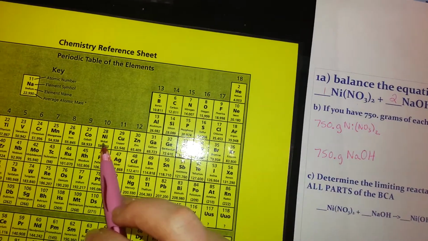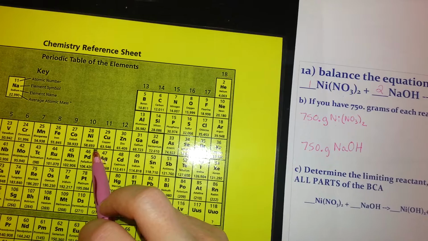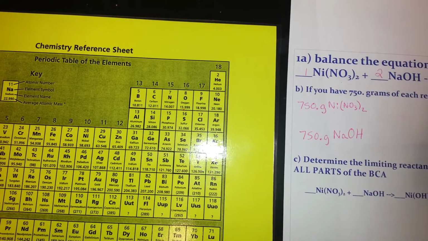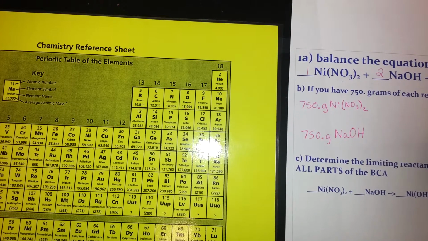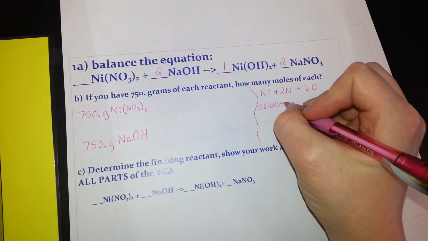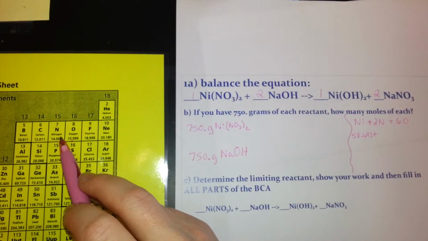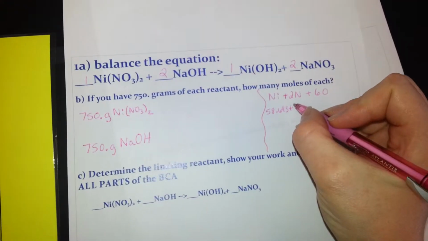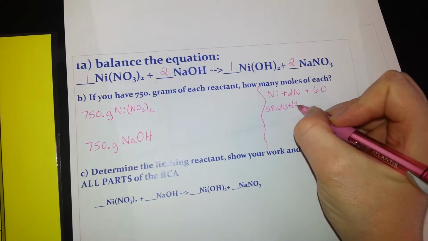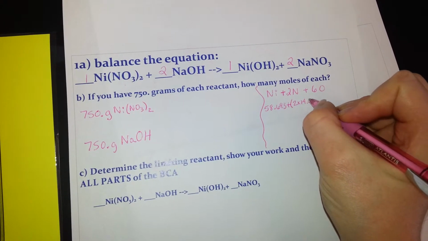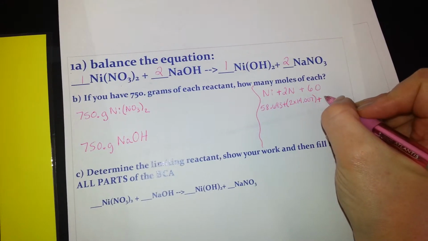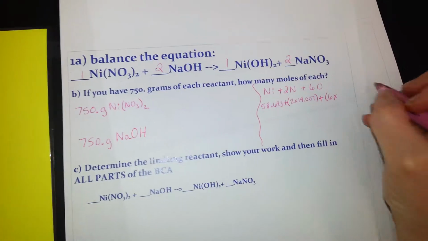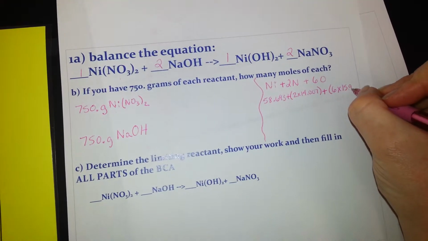So nickel is right here, so the molar mass for that 1 nickel is 58.693. Okay, so then for the nitrogen part, I see that nitrogen is 14.007. Now since there's 2 of them, I'm going to put in parentheses, 2 times 14.007 for the nitrogen part, plus the oxygen part will be 6 times the molar mass of O, 15.999.